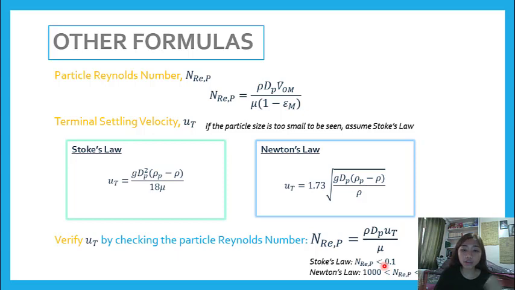It is not under the Stokes law regime, but it is under the Newton's law regime. Okay? So that is how to verify whether the terminal settling velocity we got is correct. We can verify it again by using the Reynolds number. Okay?